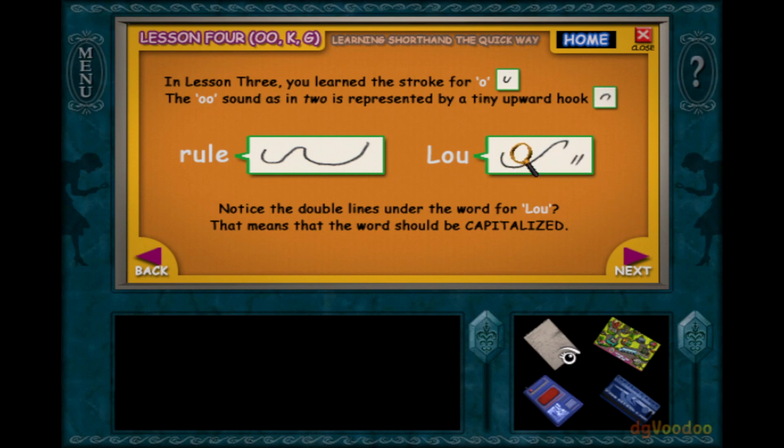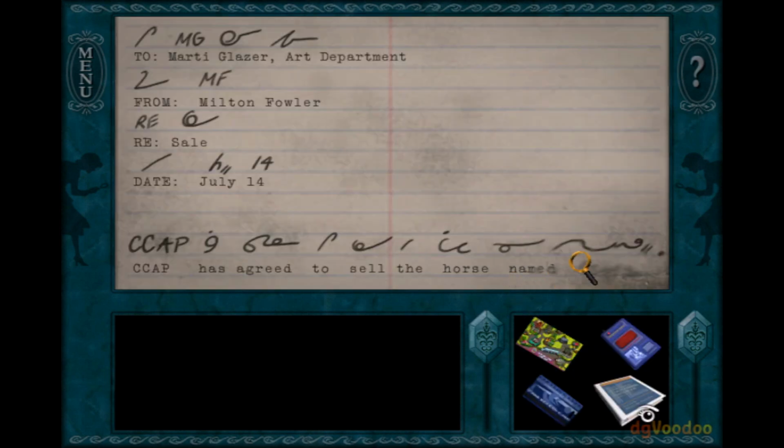Oh, I guess this is Lu though. Sorry. Yeah, there were double lines like this in the letter as well, in the word that we need to translate. So that means capitalization. Good to know. And yeah, the little upward hook is a U sound.